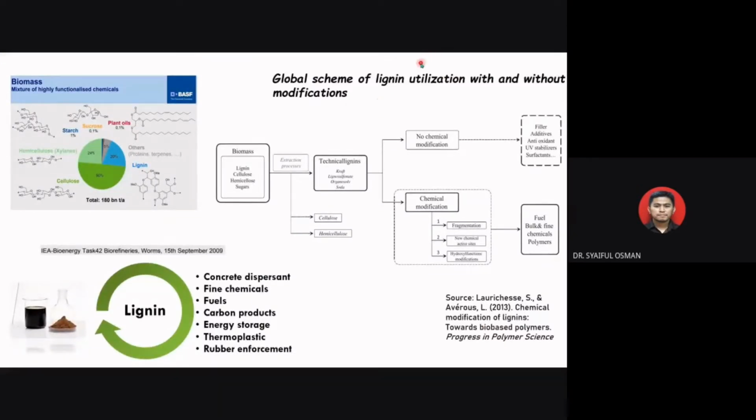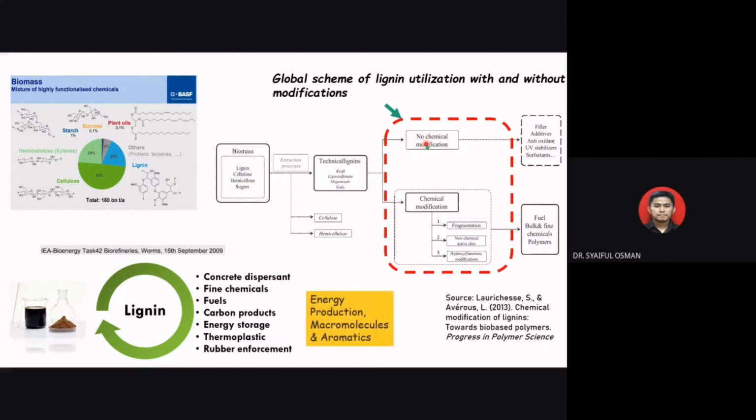And here we have a global scheme of lignin utilization. So we can utilize lignin either without chemical modification or with chemical modification. And among the potential uses of lignin, we can use it for energy production.